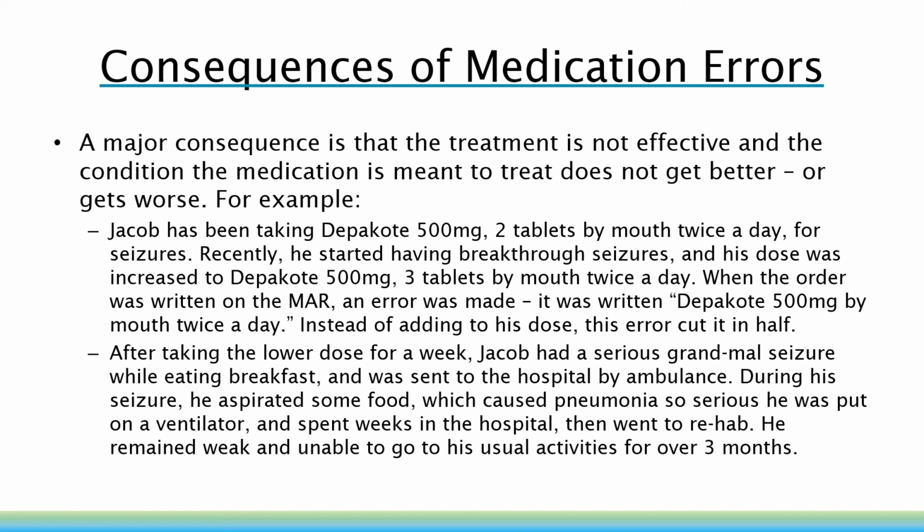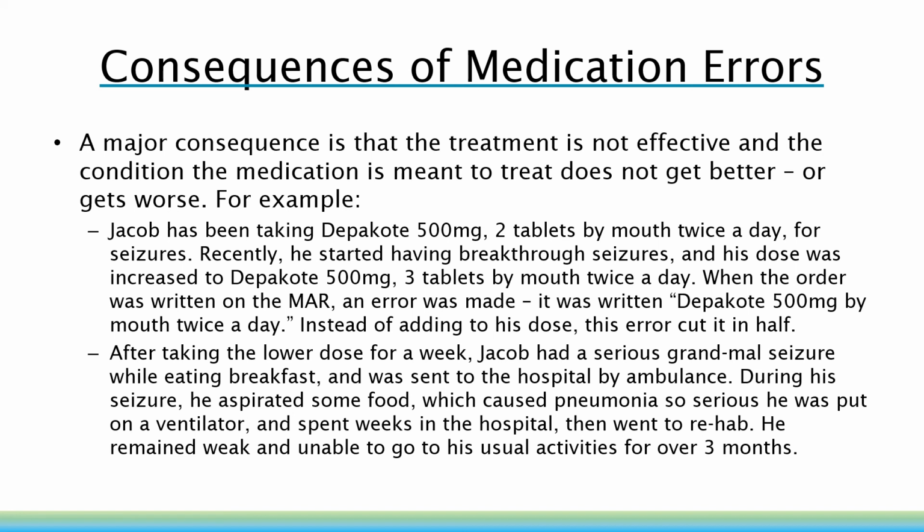Recently, he started having breakthrough seizures and his dose was increased, and he had to take 3 tablets by mouth twice a day. When the order was written on the MAR, an error was made.